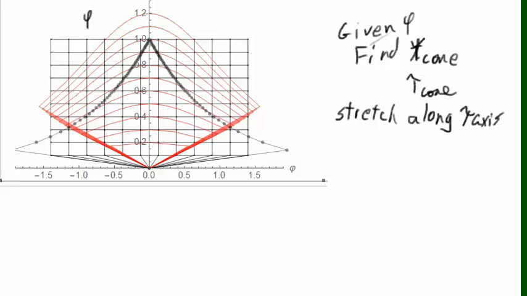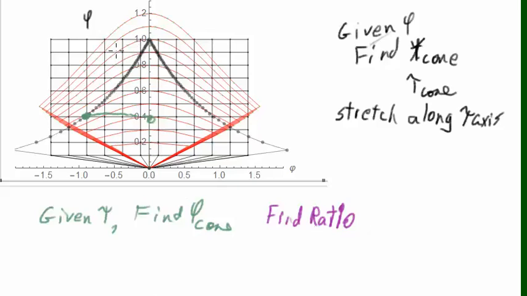The thing that I'm going to change is I'm going to say I am given tau, then we're going to find phi of the cone. So looking along there, where is the cone? And then I need to find the ratio, which is represented by tau. This length here is phi, and this length here is 1 minus tau.